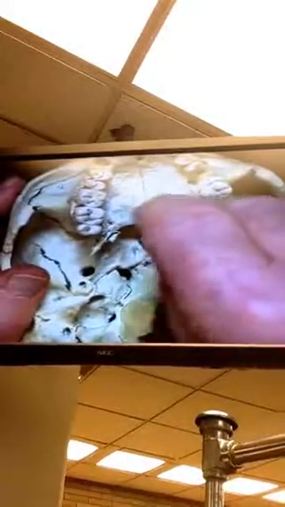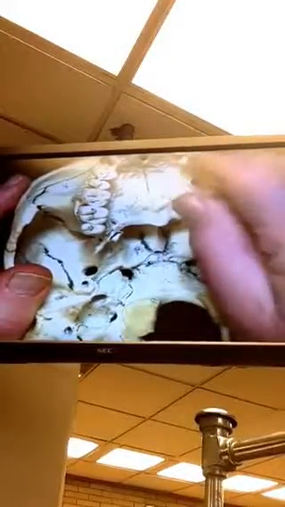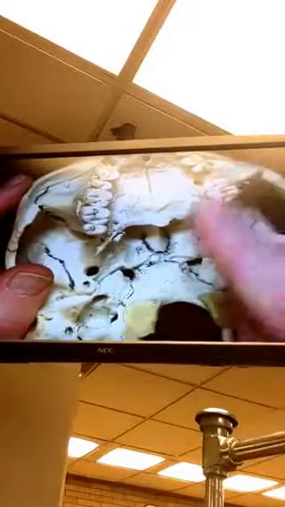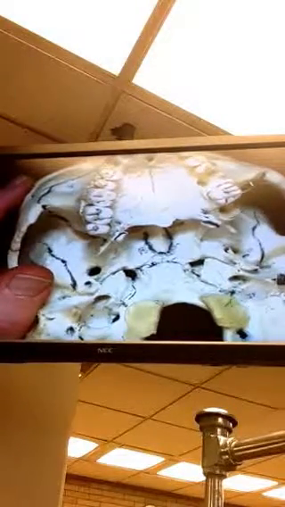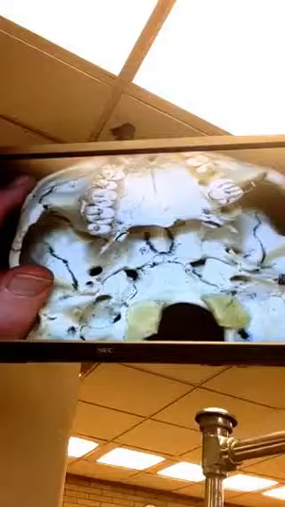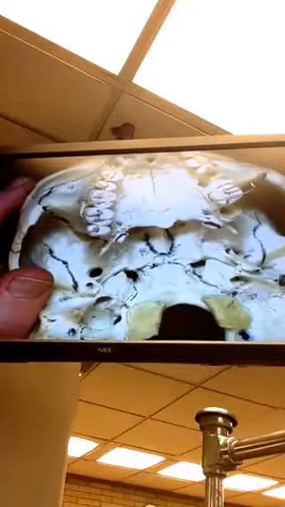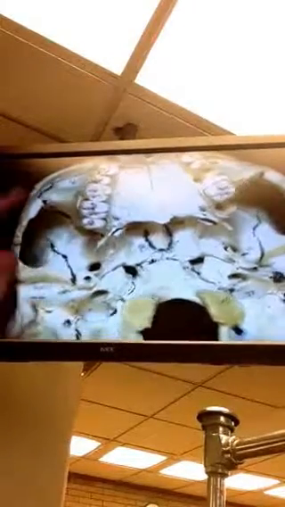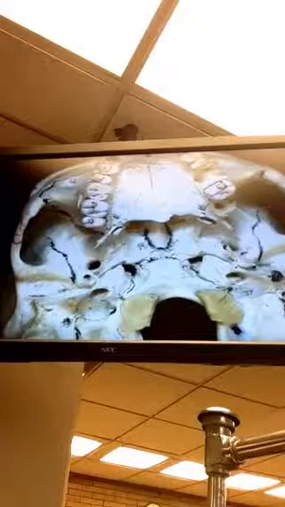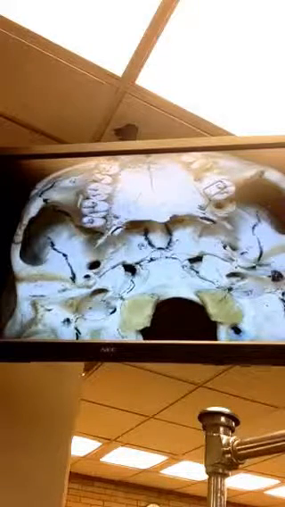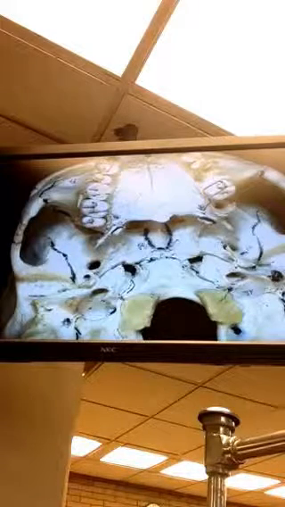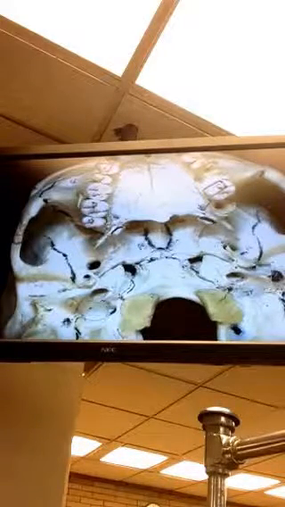And in front of that, there's a larger foramen called the greater palatine foramen. Those nerves are communicating with the pterygopalatine fossa region, and the vessels are also communicating with the pterygopalatine fossa region.